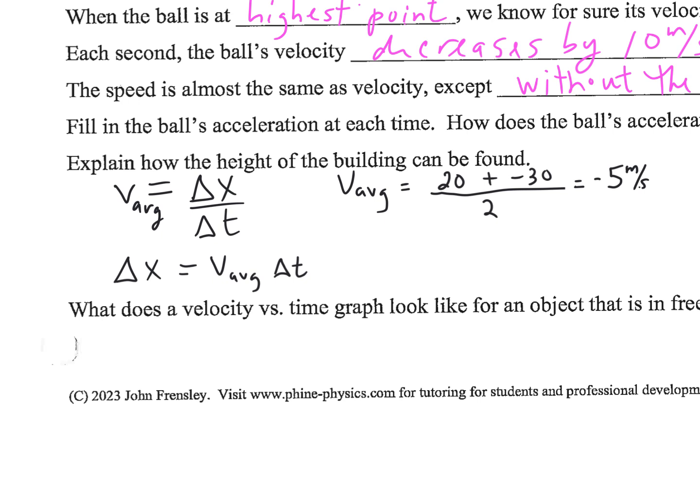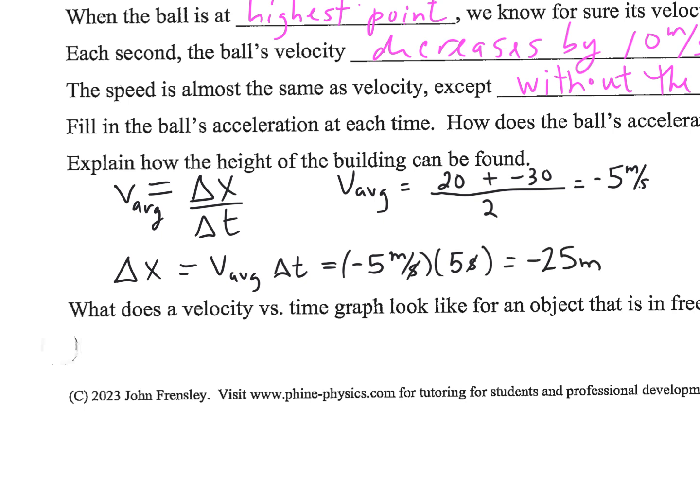So let's take that and put it in here. -5 meters per second, and let's include our units here so we know that we're doing this right. -5 meters per second times what? What's our change in time? Yep. Seconds and seconds go away, and we're left with -25 meters.